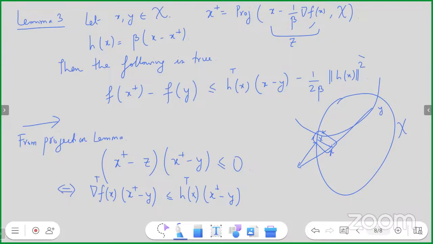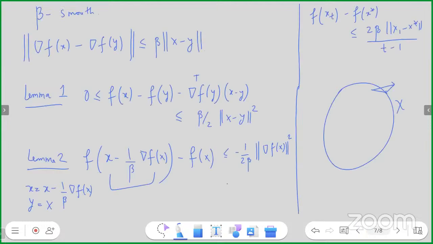Now how should I proceed towards working towards my goal? What do I want to care about? f of x plus minus f of y. That's what I want to control. And as I said, this lemma is still true. This is not violated.